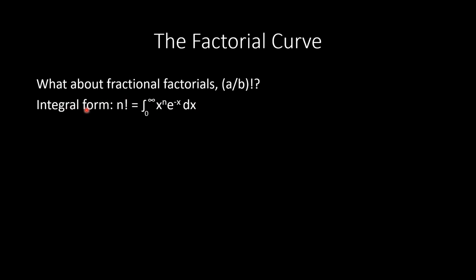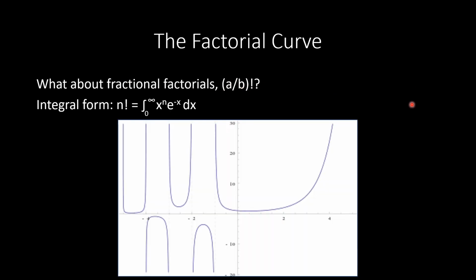Well, if you don't count the negative integers, in which case this diverges, but you can just ignore that kind of idea. In essence, you can take this for any n and solve, so even for a over b fractional n's. And that gives us a nice continuous curve, and again, breaking off at the negative integers.